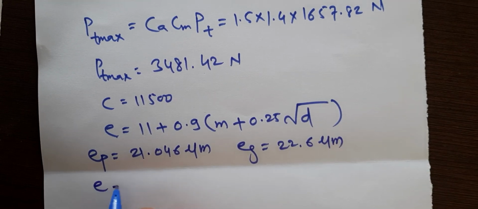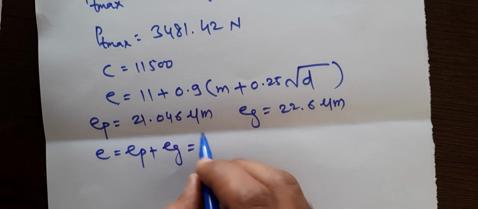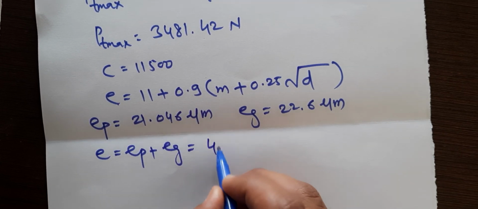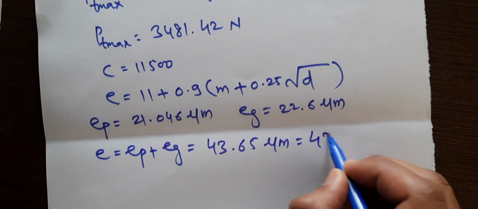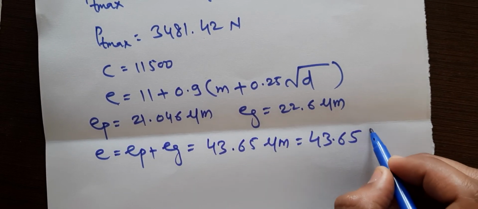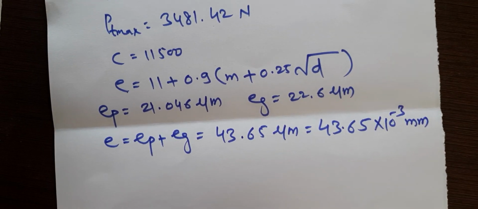Then the summation of pitch error, EP plus EG, is equal to 43.65 micrometer. You have to multiply it by 10 raised to minus 3 to convert it into mm.